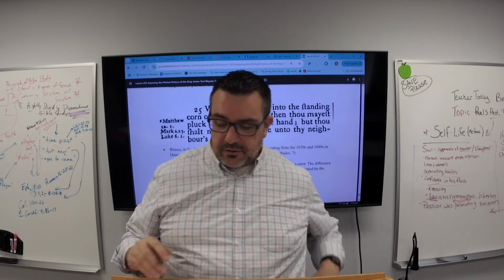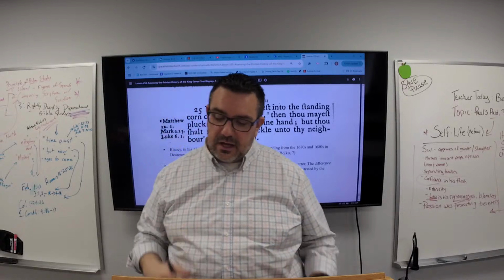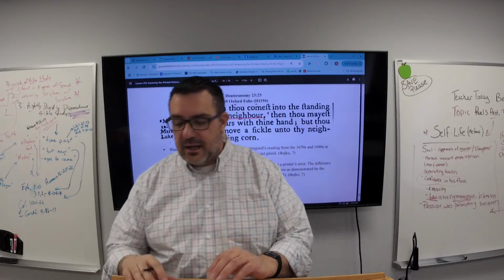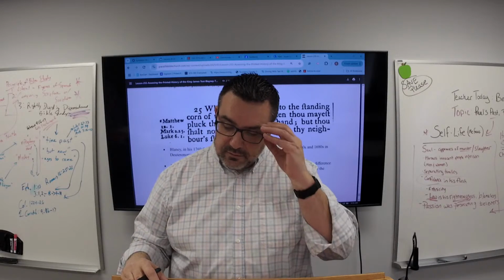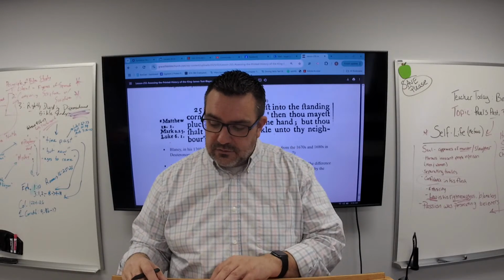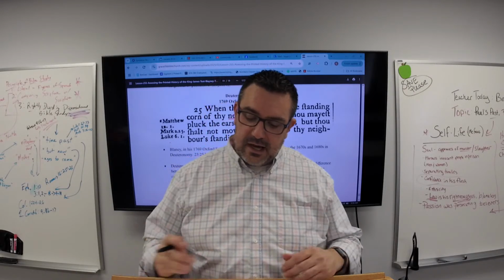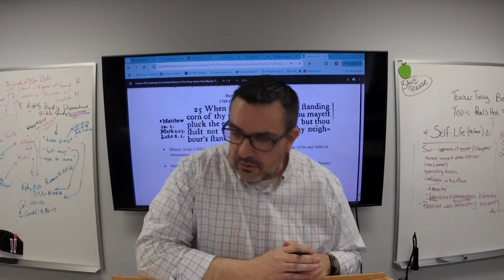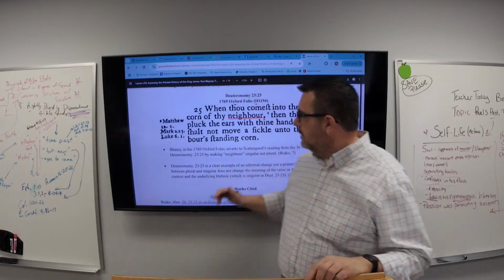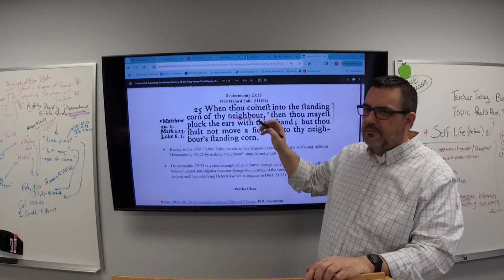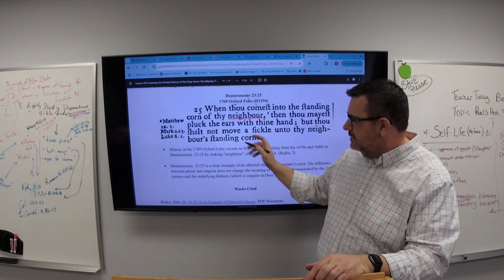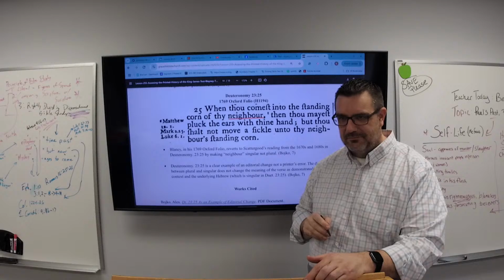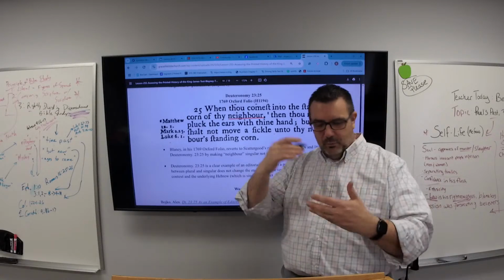So Deuteronomy 23:25 then is a clear example of an editorial change, not a printer's error. The difference between plural and singular does not change the meaning of the verse as demonstrated by the context and the underlying Hebrew, which is singular on this one right here for neighbor. The thing that's tricky is that so are the other ones singular. So what do you do?